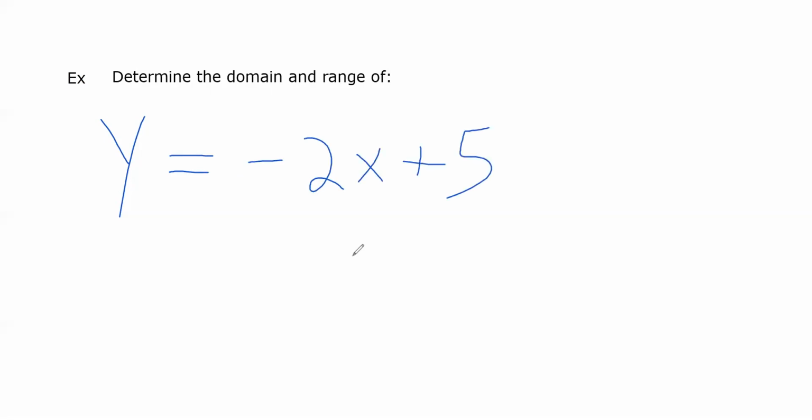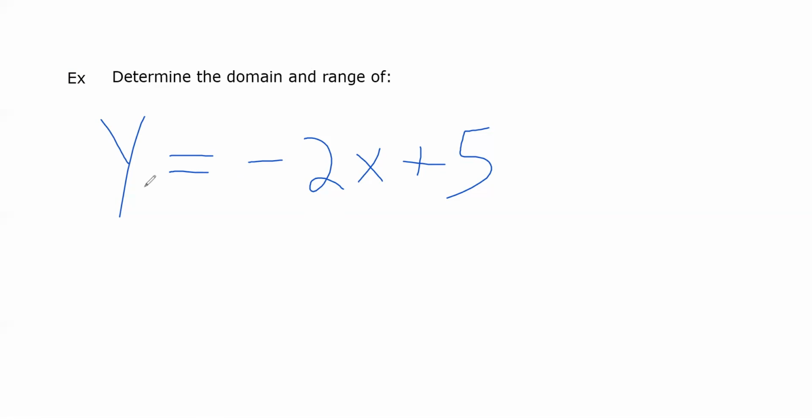This is straightforward stuff, but I promise you, domain and range can get real ugly real quick. So all we're doing is introducing you to the idea of domain and range. And then in order to really sink our teeth into it, we are going to have to look at more complicated things, graphing, moving, shifting things, stuff like that.